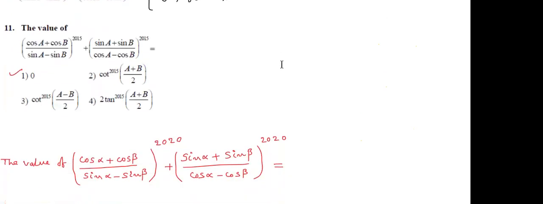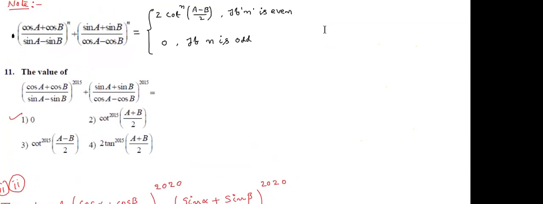Now, go to the next question. This is how to think about the 12th question, or the 11th second bit. The value of the power, what is it? Even. If it is even, what is the formula? 2 cot power n, and here n means 2020, of (A minus B) by 2.